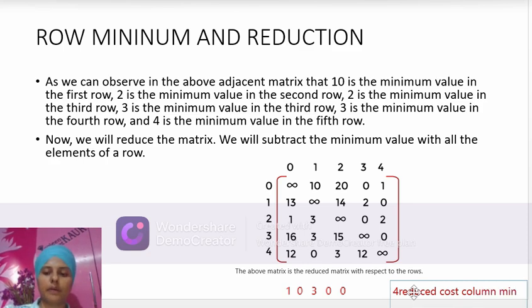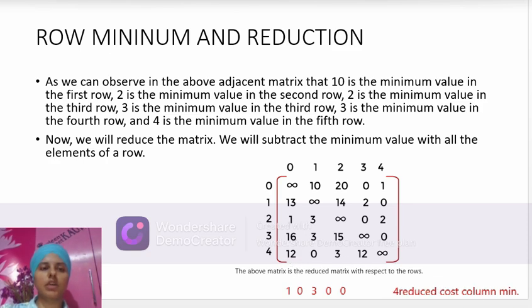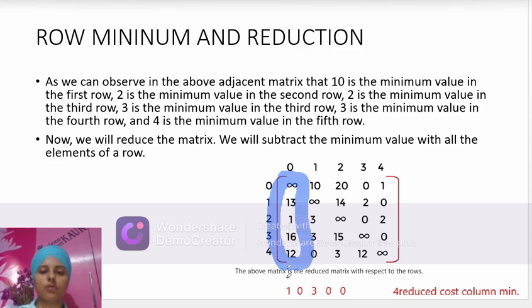Right? So now we need to add these two costs, and before that we again need to subtract the minimum value, that is 1, which we got from the first column. So from the first column we subtract 1, giving 12, 0, 15, 11. For the next column we subtract 0, so no change.